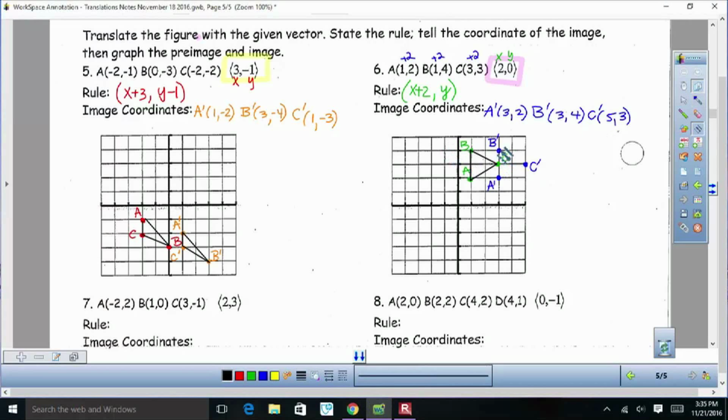We connect these dots to get our new image. And if you look, it didn't move up and down at all because our y didn't change, and y is up and down, but it moved to the right. Every point moved to the right 2 because the x changed by 2. Next, I want you to write the rule for number 3 and the new image coordinates.